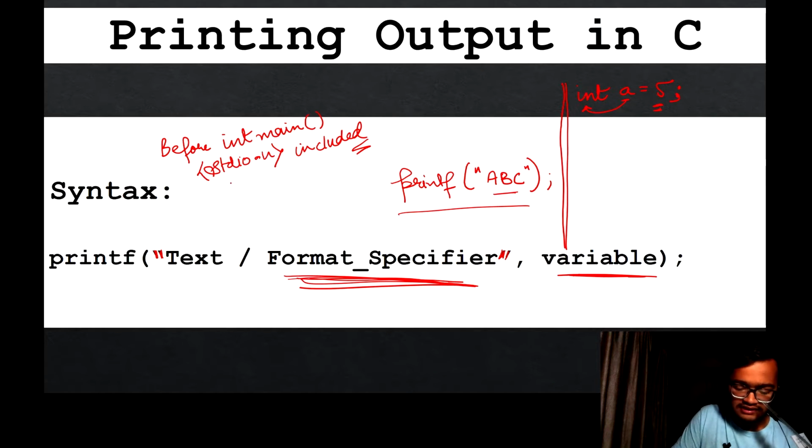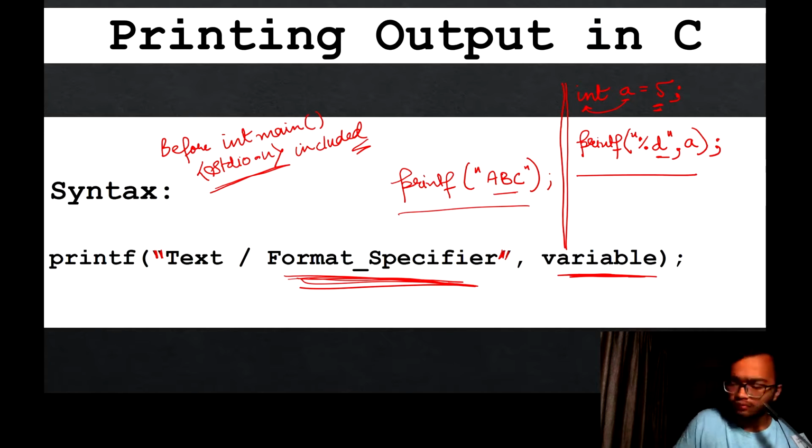We will include the stdio.h header file before the main and we will write printf like this. Follow my action. printf, in brackets, %d. Why? Because it is the format specifier for integer data type. I have already mentioned there. Then quotes close, comma, the variable name, that is a, and then semicolon.